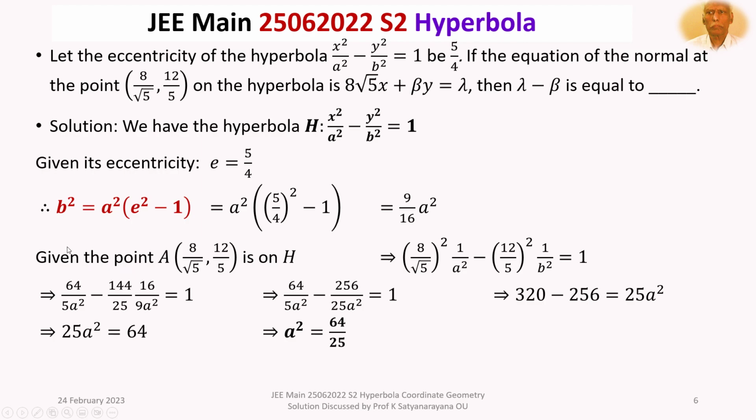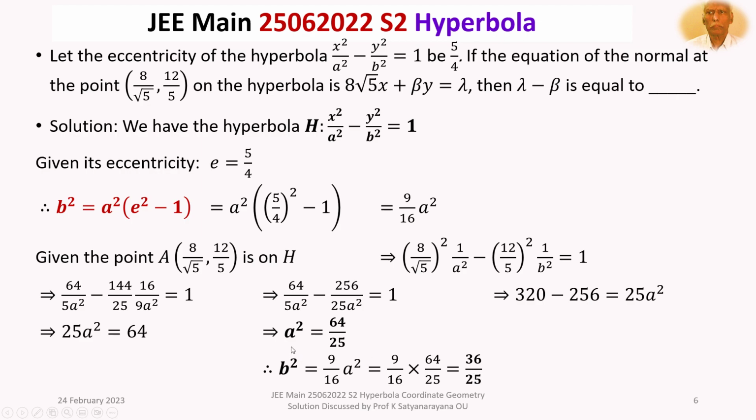So we will now write down what is b square. b square is equal to 9 by 16 a square. A square value we know. Substitute. The a square is 64 by 25. So on simplification, 16 ones are 16, 4 fours are 16, 9 fours are 36 by 25. So b square is equal to 36 by 25.